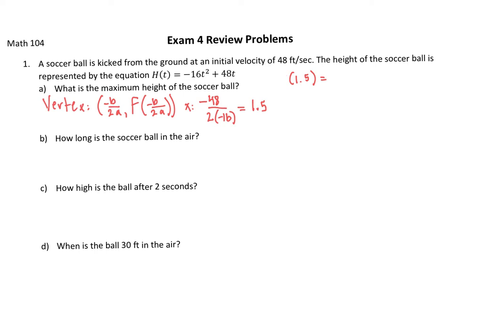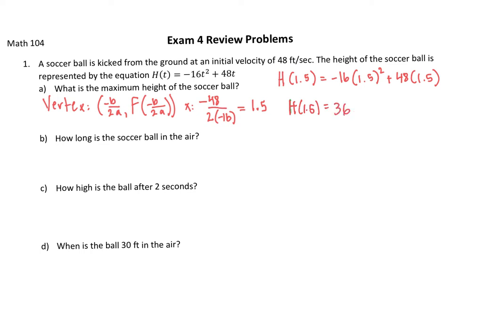In this case, it's an h. So h of 1.5 equals negative 16 times 1.5 squared plus 48 times 1.5. And that gives us, h of 1.5 is 36.